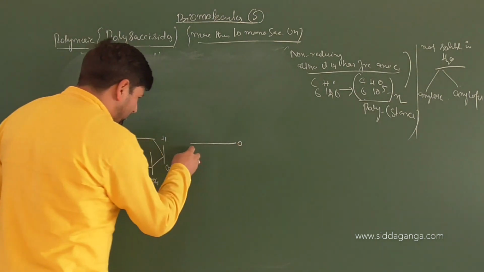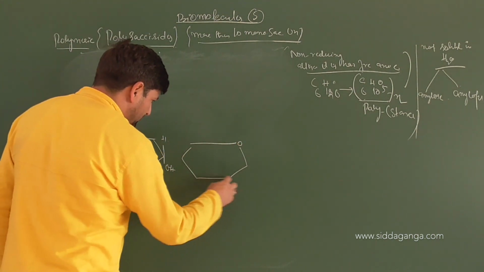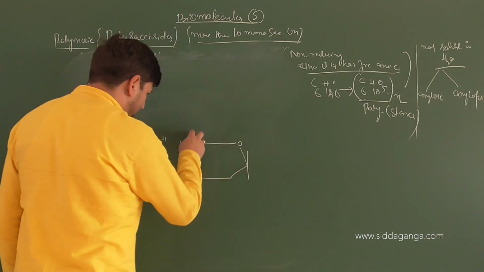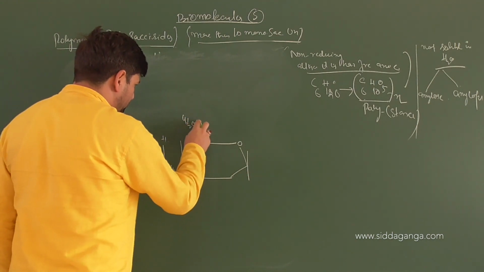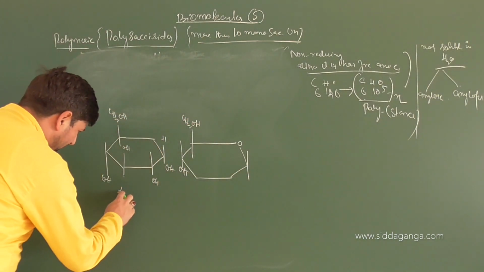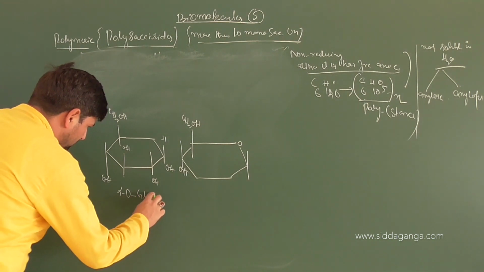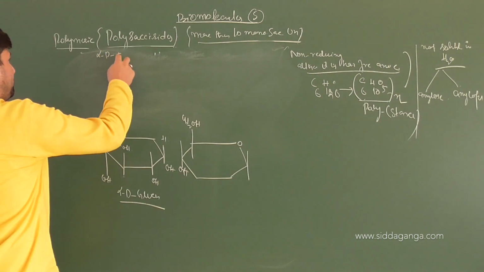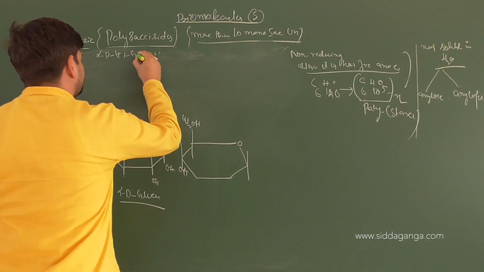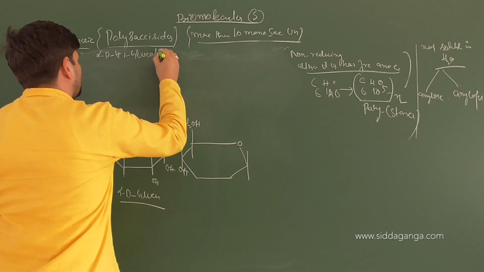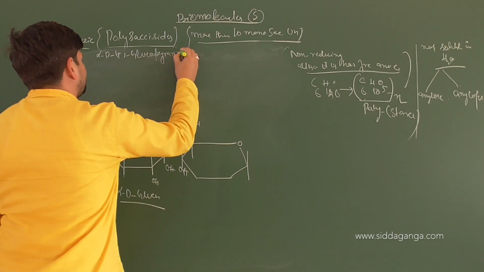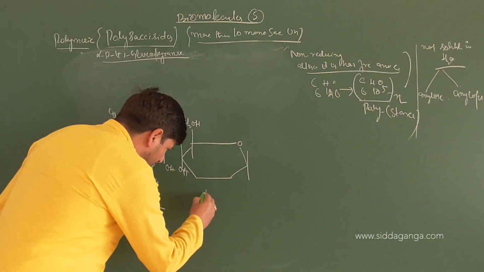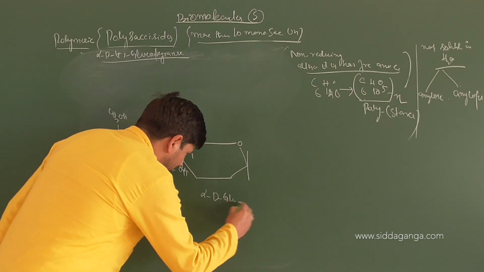Then the second alpha D glucopyranose unit will have OH at this position, as usual, and one more CH2OH group here. This is alpha D glucose. To be precise, it is alpha D plus glucopyranose. This is also alpha D glucose.